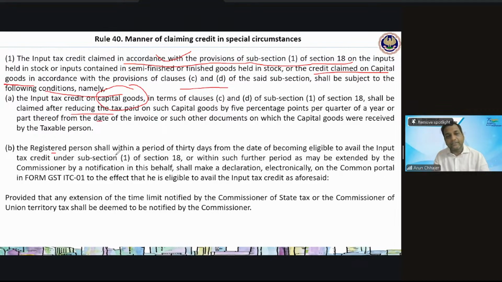The registered person, within a period of 30 days from the date of becoming eligible to avail the ITC under 18(1), shall make a declaration electronically in ITC-01 to the effect that he is eligible to avail the ITC as aforesaid, provided that any extension of the time limit of CGST will be considered for UTGST, SGST also.